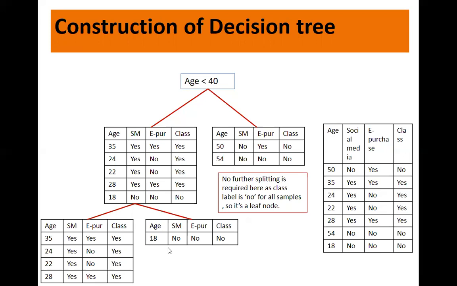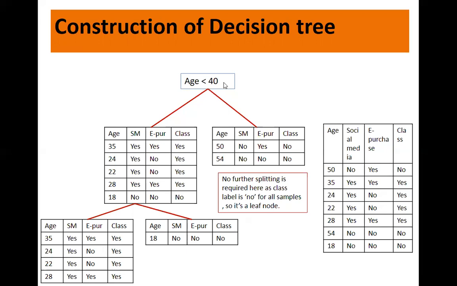That means no further splitting is required. The class labels are the same for all the samples. So this is also a leaf node and this is also a leaf node. As we already said, if the class labels are the same, no more splitting is required, so it becomes a leaf node. Is the concept clear?